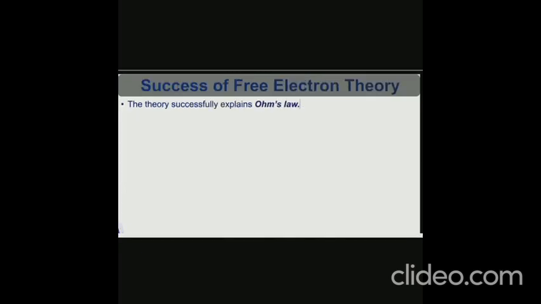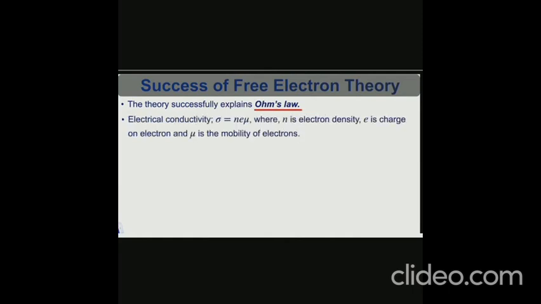Now let's see the success of free electron theory. This theory successfully explains Ohm's law, that is, the electrical conductivity of metals. It explains the electrical conductivity sigma equals n e mu, where n is the electron density, e is the charge on the electron, and mu is the mobility of electrons.